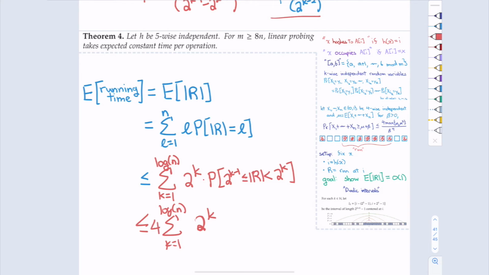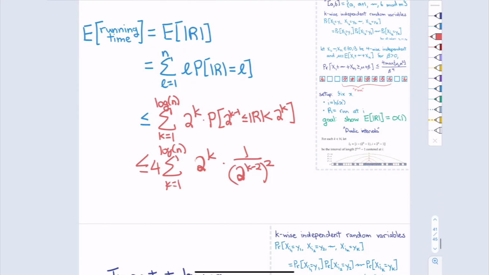There's a 4 out here. 1 over 2 to the k minus 2 squared. And then from here, you guys can probably take it away. I guess we have a 2 to the 4 overall there.